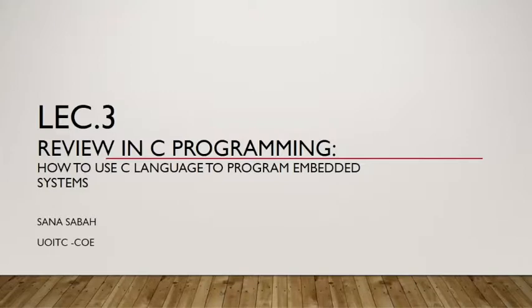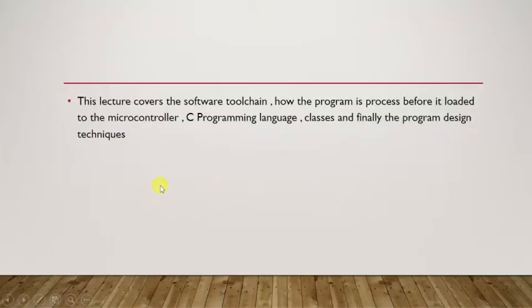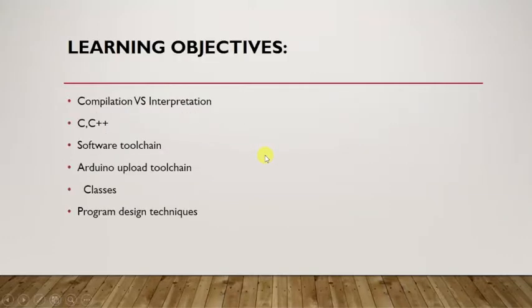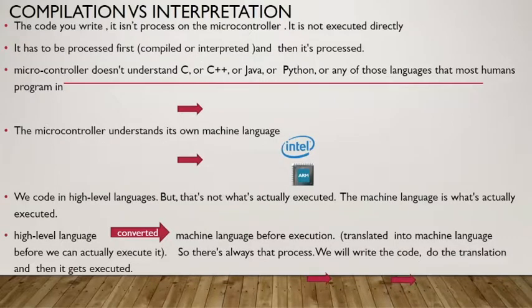In this lecture, we will look at the software side, the C programming language, how we can use C language to program an embedded system. Also, we will explain how the program is processed before it can be uploaded to the microcontroller, and finally some program design techniques. So this is our objective in this lecture.